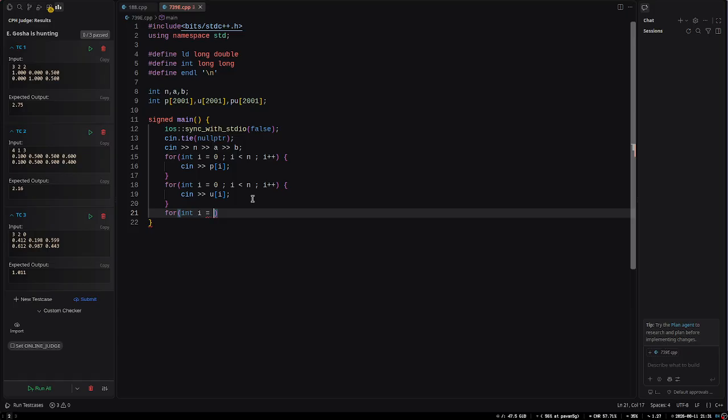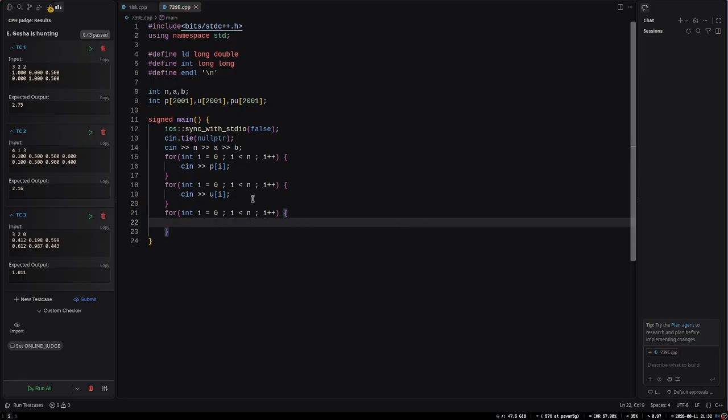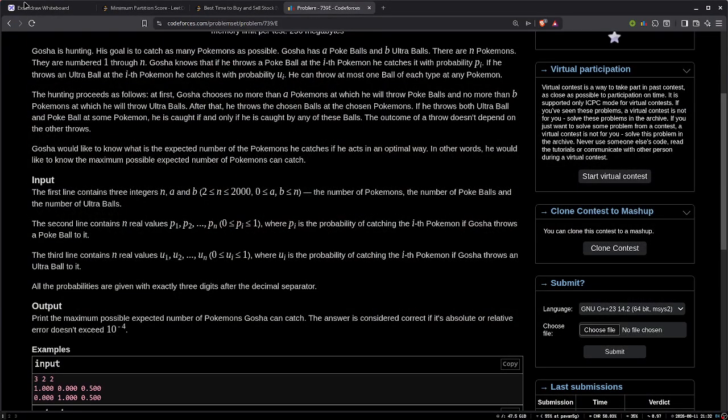Now what should I do to find the probability with both Pokeball and Ultra Ball? To find that particular probability, if you know basic probability, it's enough, I guess. I guess you would understand this formula.